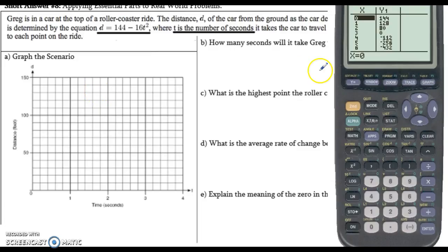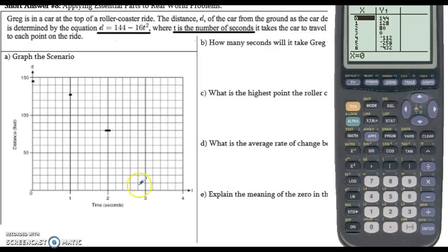So we'll plot some of these points. 0, 144, we know that this is 150 and looks like it's skipping by tens, so 144 would be just about here. So I'll put a little point there. We also know that 128 is going to be 128 up. It's about here. And then we have 2, 80, which is just about here at this point.